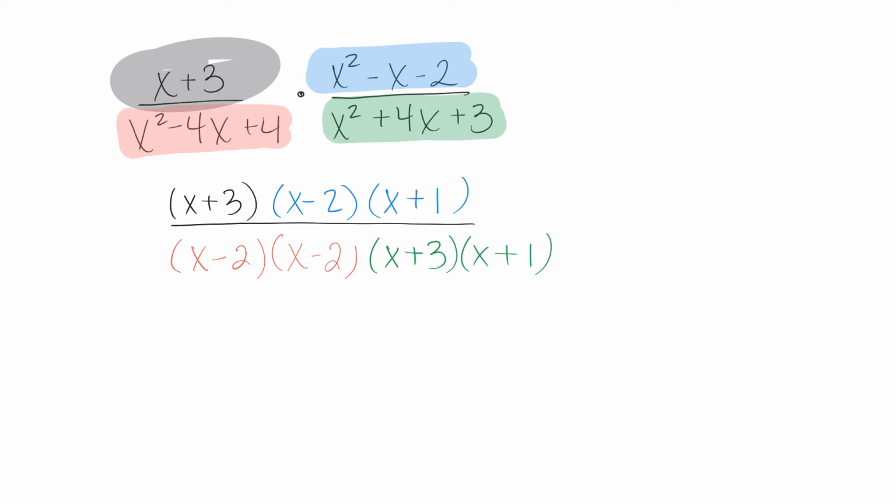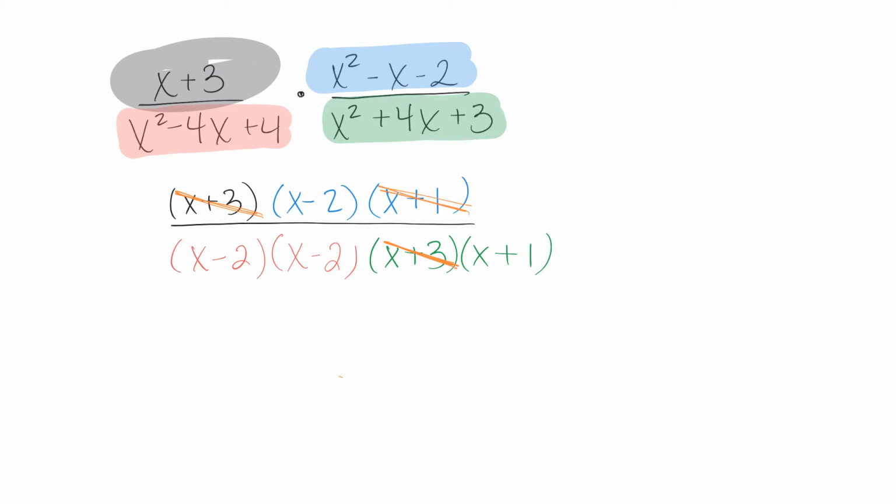Okay, so I've done two things. I've multiplied it. I know multiplying is going to put all my numerators in the top and all the denominators in the bottom. So I've done that piece. I've got everything in brackets factored. So now I'm going to go through and find anything that is in the top and the bottom. And it has to be the entire bracket. So I have an x plus 3, gone.